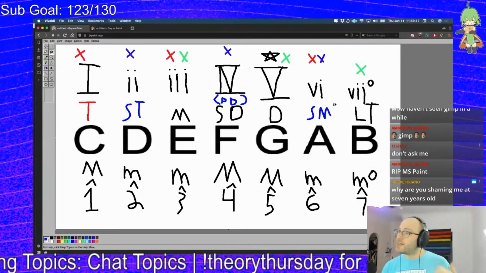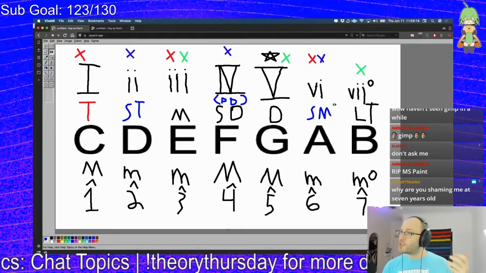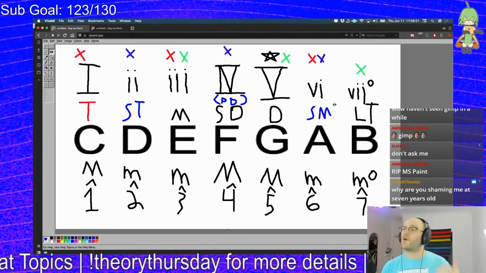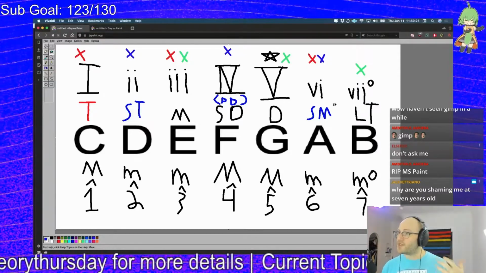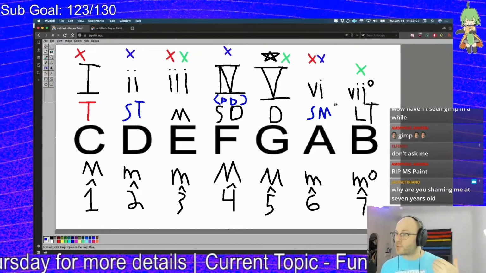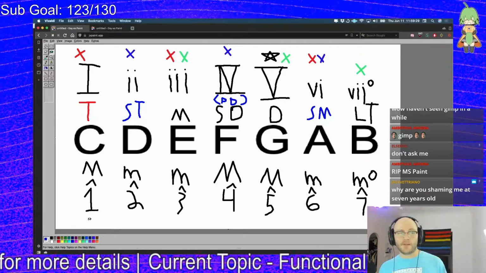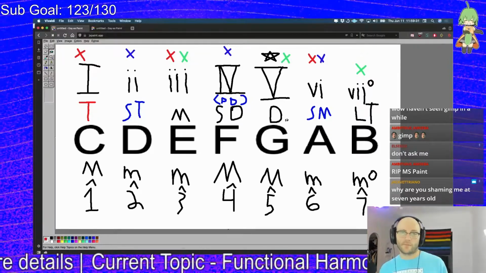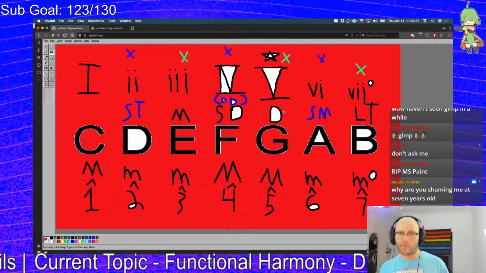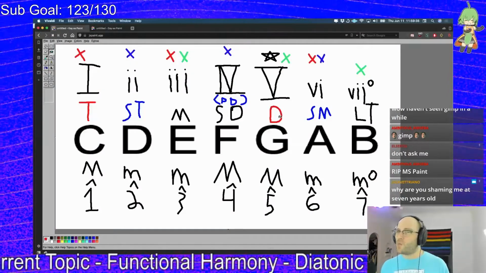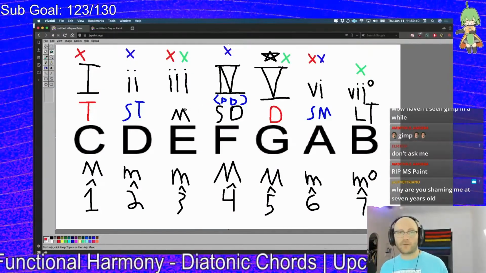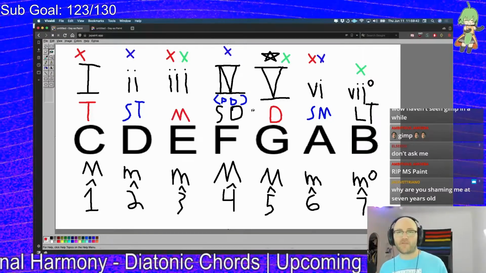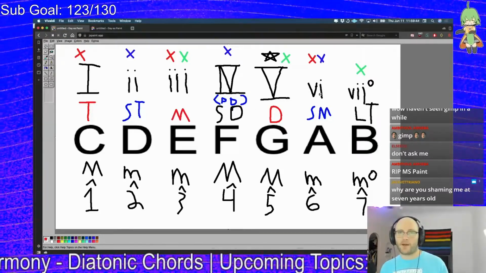Tonic chords typically lead towards the predominant. Predominant chords typically lead towards the dominant. And then dominant chords, like this 5 right here, they want to go back to the tonic chord. That's their preference.